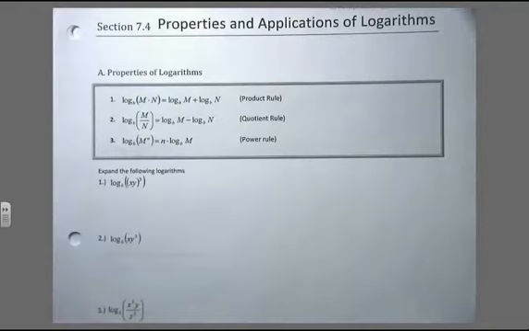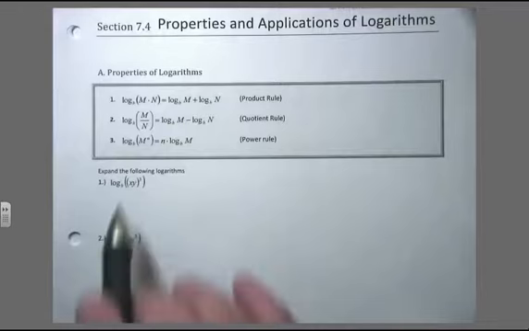Your third major log property is this. It comes from the exponentials. If I have a raised to the m, then raised to the n, a power raised to another power, what do we get to do with the powers? Multiply.